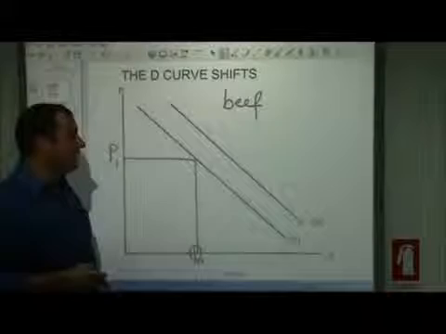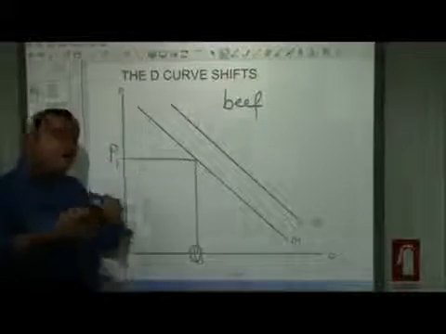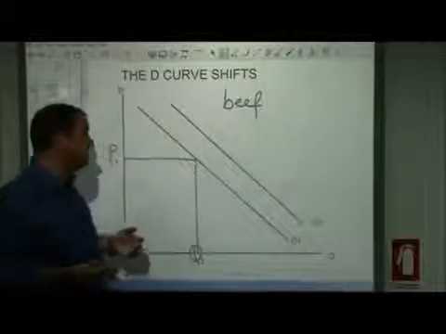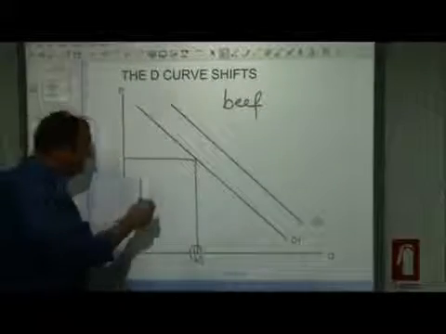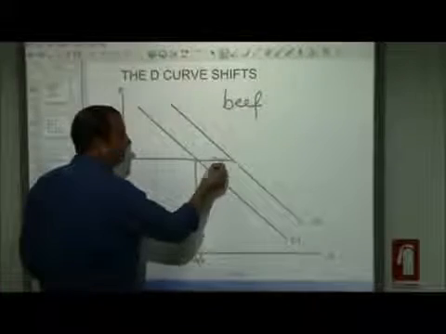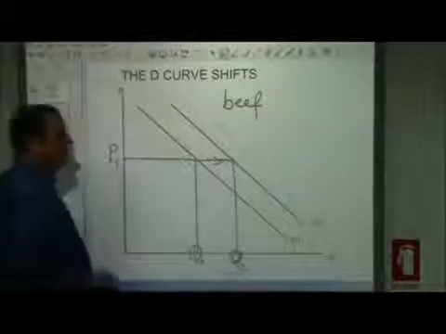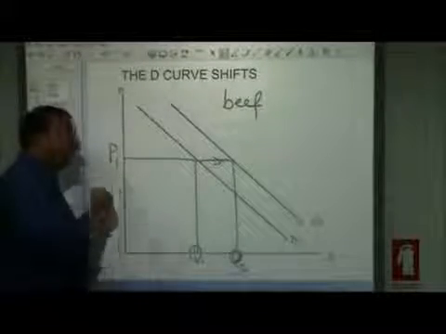Let's imagine that the size of the population grew. After the growth in the population size, at price P1, it is no longer Q1 that gets demanded, but Q2 gets demanded. The price never changed.